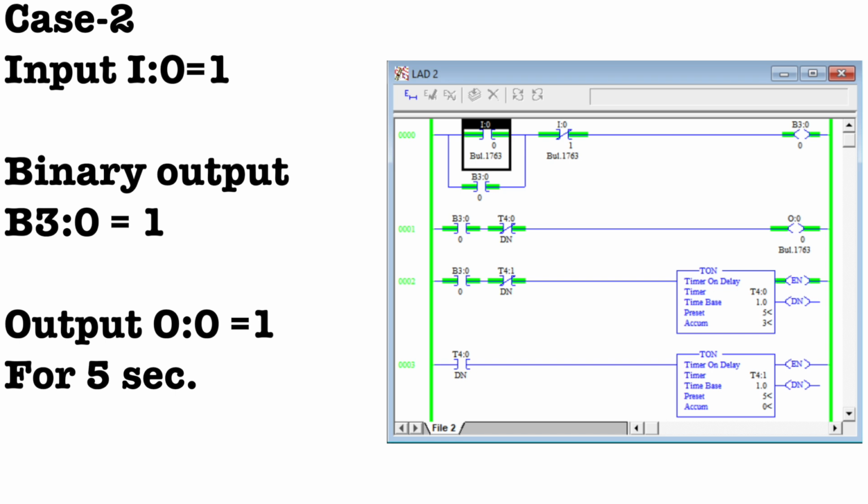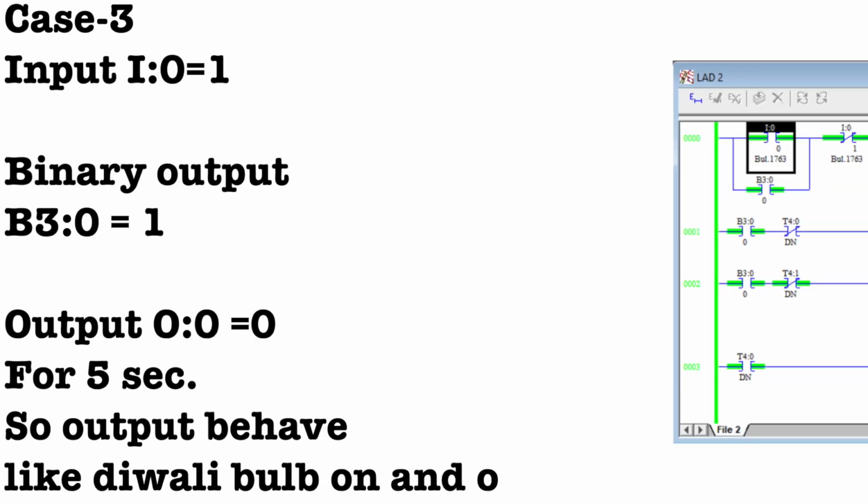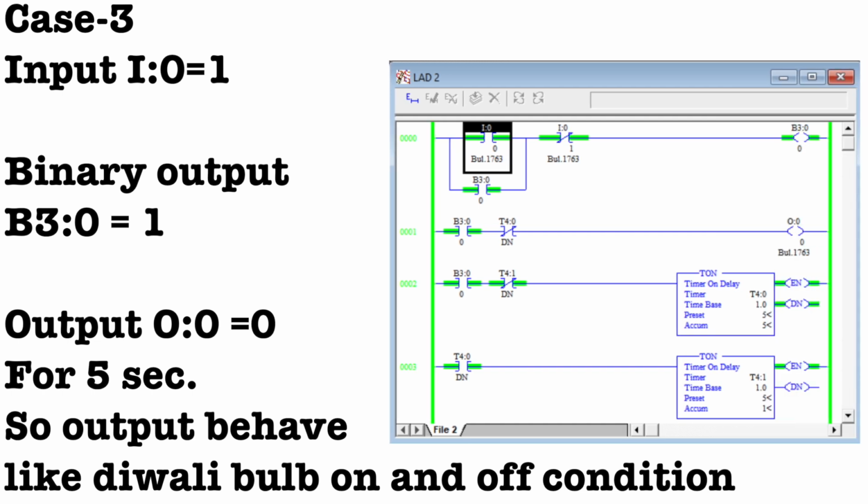So these changes happen in a fraction of a second. That's why my second timer resets my first timer and starts my first timer again, right? Because my start button is in the on state. Getting my point? In this case, you can see my output, that is O:0/0, is continuously blinking for 5 seconds.